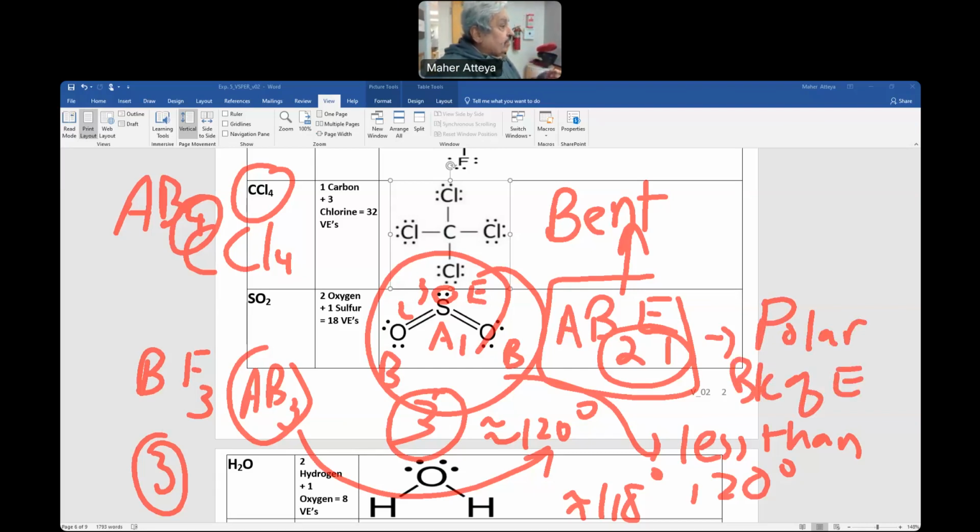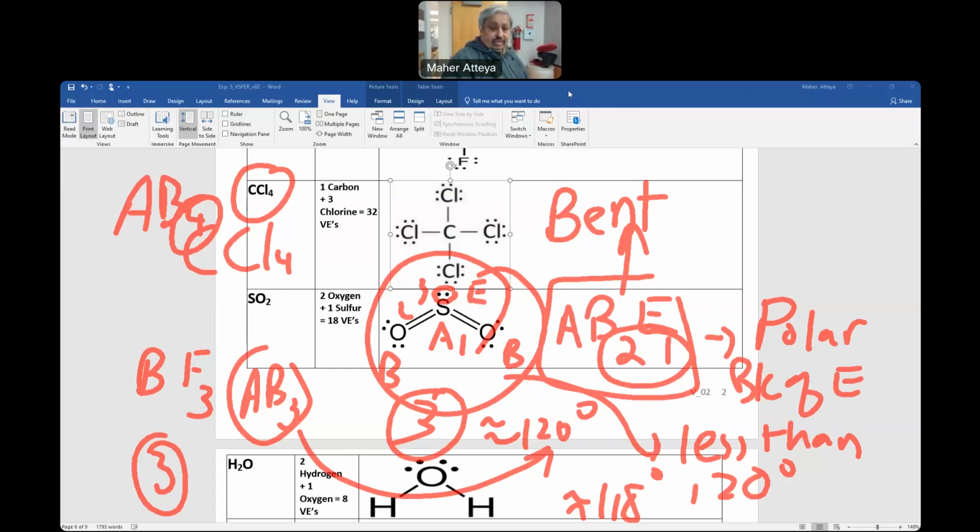They are not participating in any bonding. They are non-bonding, or orphans, standing by themselves alone. Correct, guys?